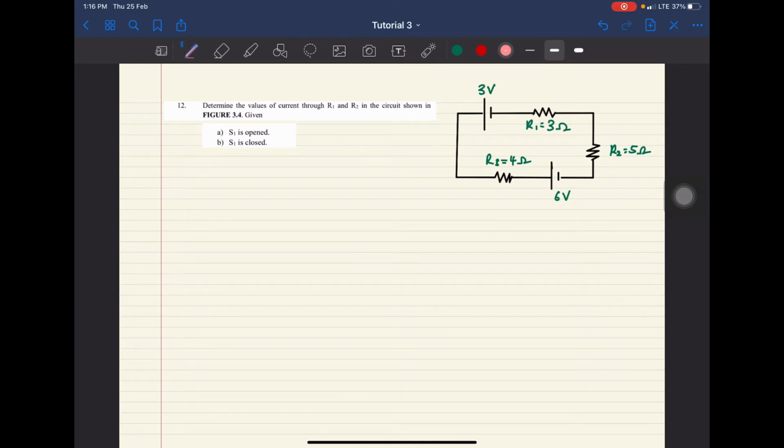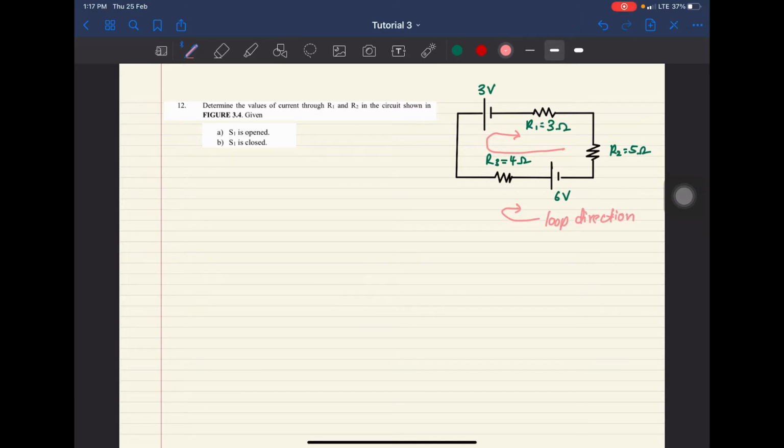So how to apply the loop rule? First thing, you determine the direction of the loop. My suggestion is that you always follow the one with the largest EMF. So in this case, my loop direction follows the 6 volt. It looks something like this. So this is my loop direction.